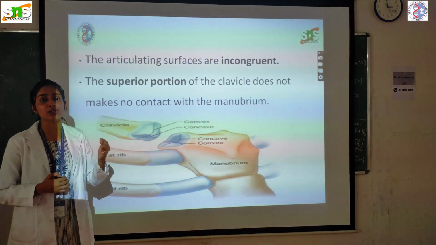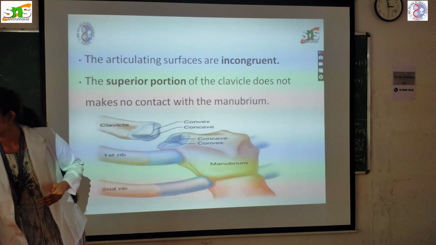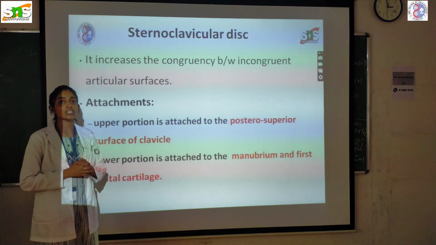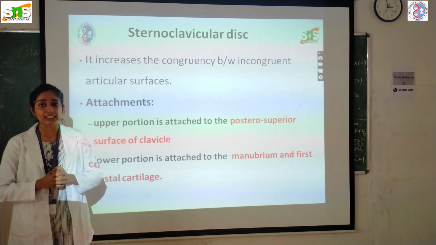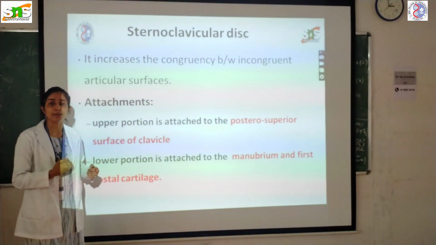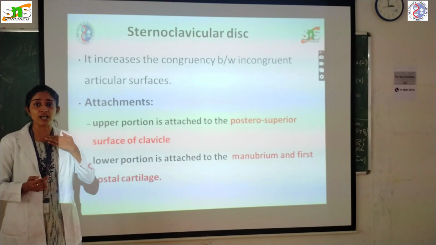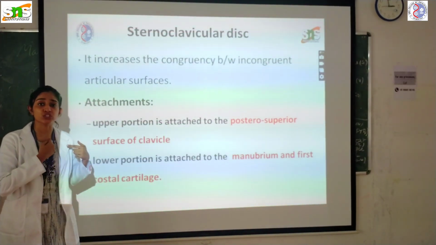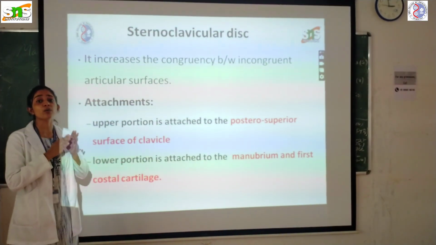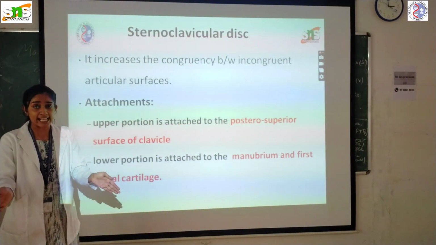You will see the sternoclavicular disc attachments in detail. So this is your sternoclavicular disc. In the disc you can see it has an upper attachment and a lower attachment. The upper attachment is attached to the superior portion of your clavicle, and the lower attachment is again divided into two attachments.